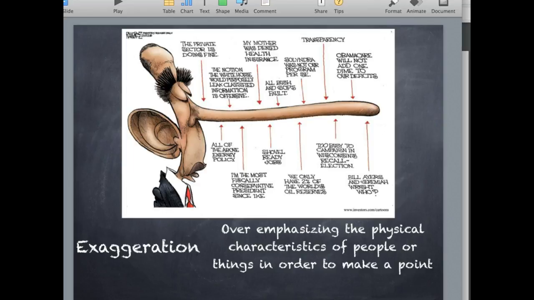Richard Nixon had the jowls that he was represented with. Sometimes they'll take a certain feature and over exaggerate it to make a point. For example, in this cartoon, the long nose, well, we know and kind of associate that with Pinocchio and lying. And that's what this cartoonist is getting at there as well.